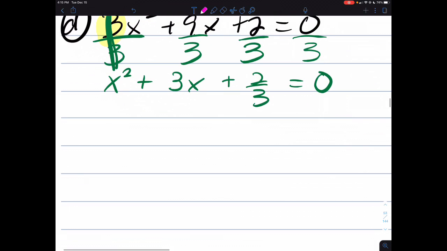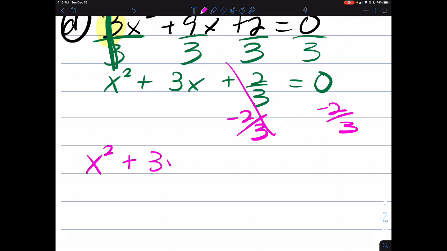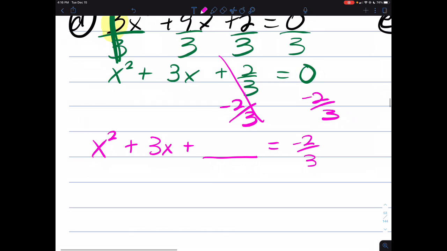Let's move that old constant out of the way, so subtract 2/3. And I get x squared plus 3x. Leave room for our new constant. And what we add to one side, we have to add to the other. So that's why I do 2 blanks. Blank here and a blank here. To figure out what goes in the blank, 2 times what gives us 3?